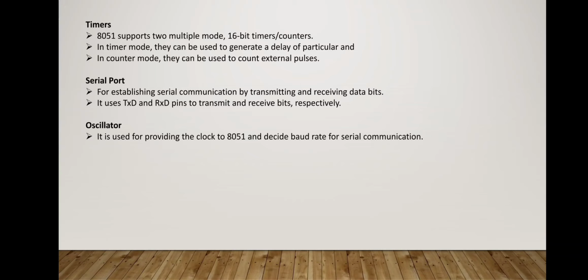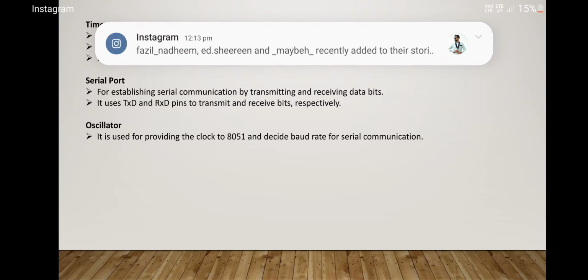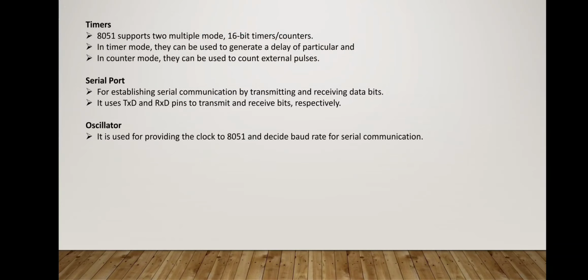The next element is the serial port. For establishing serial communication by transmitting and receiving data bits, a serial port is mandatory. It uses two pins, TXD and RXD, to transmit and receive bits.